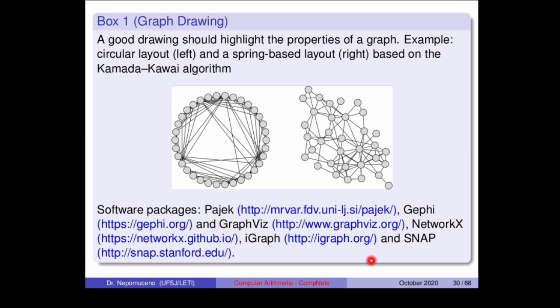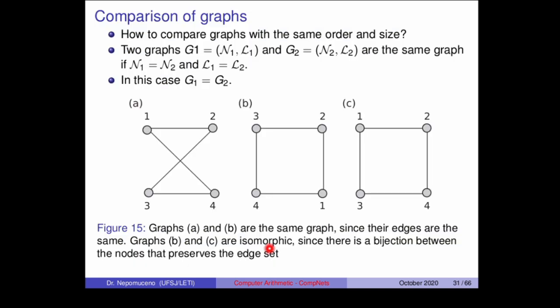There are many software packages here. One that I like, it's quite easy to use, is Pajek, P-A-J-E-K. From the PDF slide, you have access to all these sites, right? So it's quite useful to take a look at them and try to choose one for you to use.